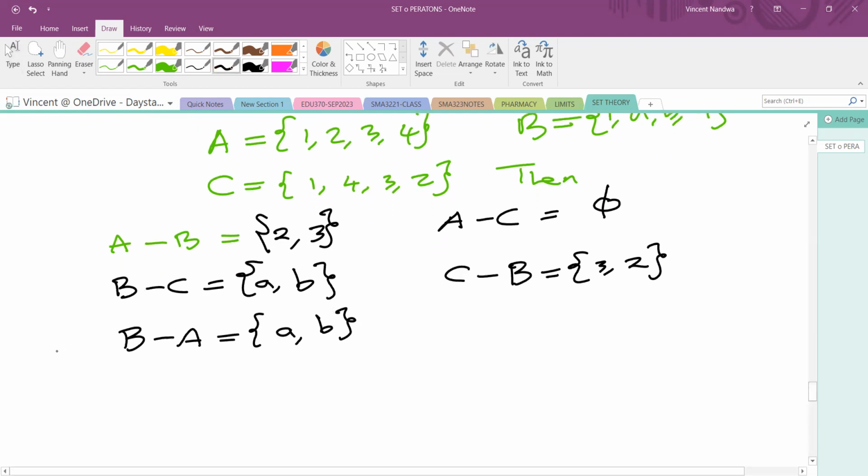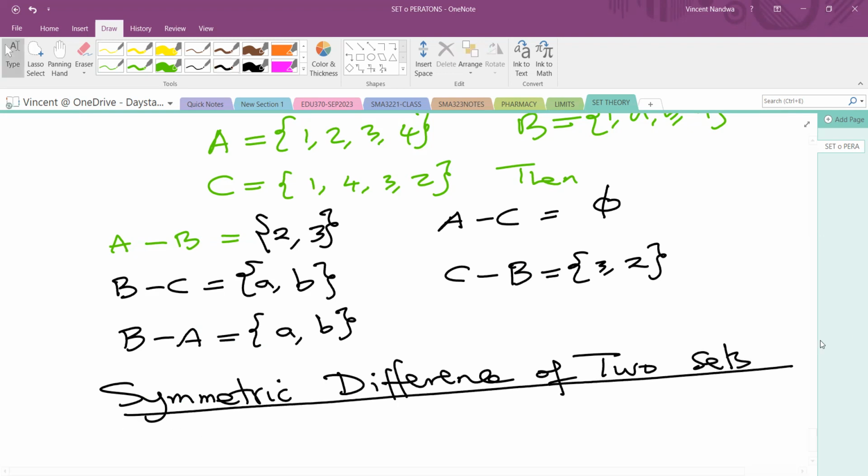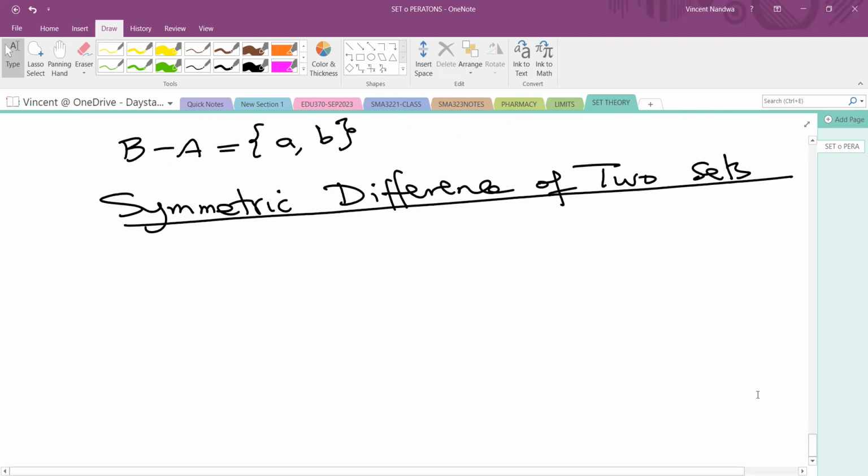And then the next operation is what we call symmetric difference. Symmetric difference of two sets. So we require two sets. Let A and B be two sets.